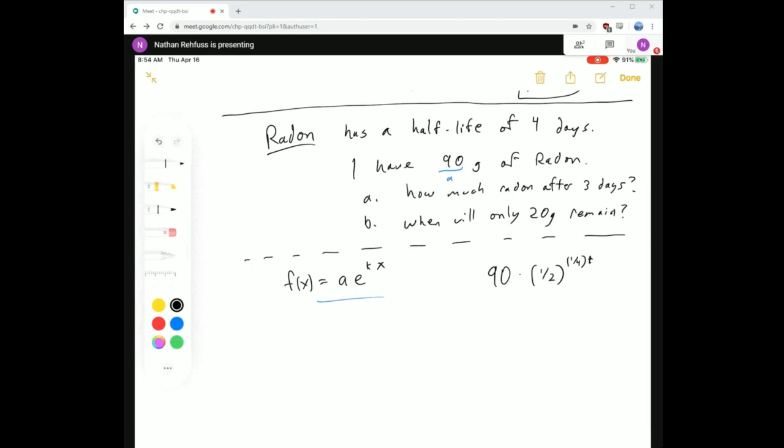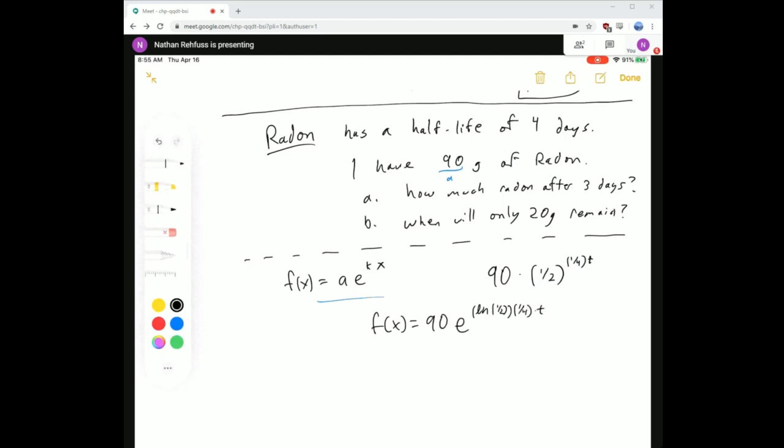The only problem is that the base isn't e, and so the calculus folks are going to yell at us. I could use this model to solve the whole problem. It's just when I go to take the logarithms, they'll all have a base of 1/2, and that's a little bit ungainly. So instead, I'll write f of x equals 90 e to the power of natural log of 1/2 times 1/4 times t.